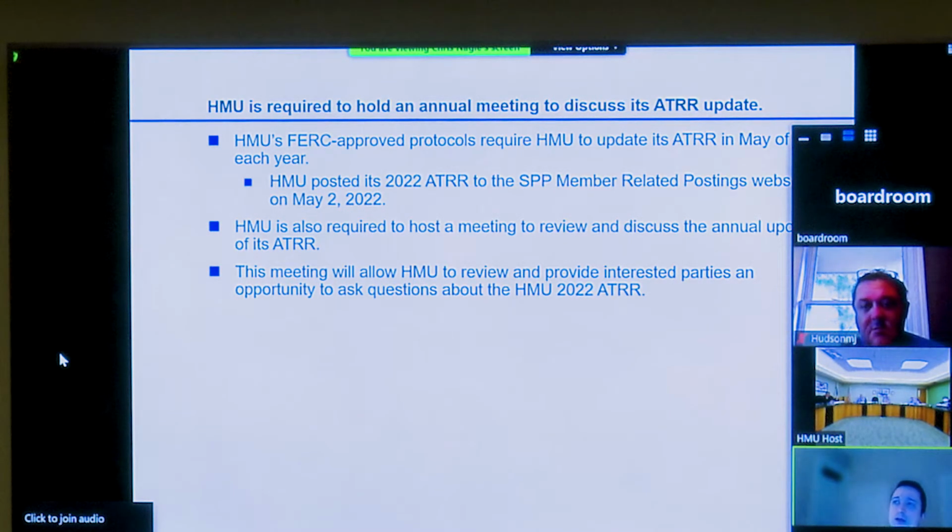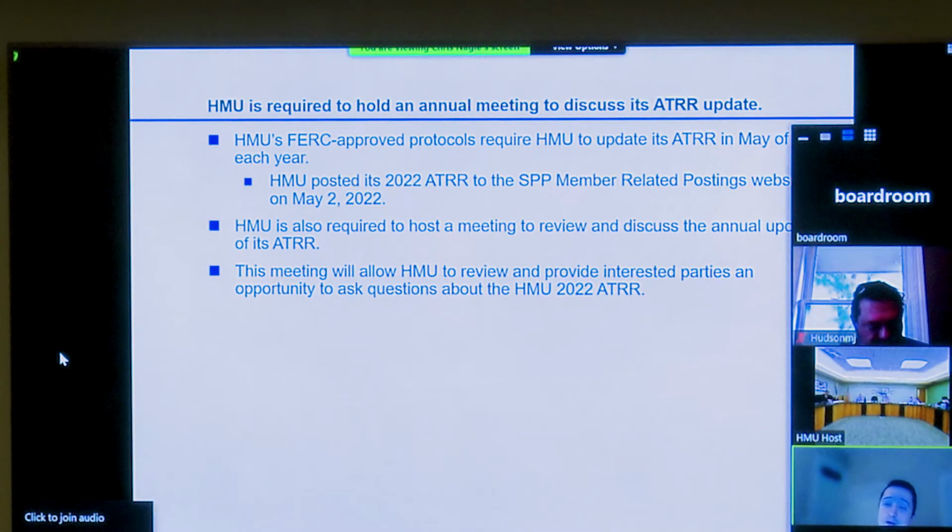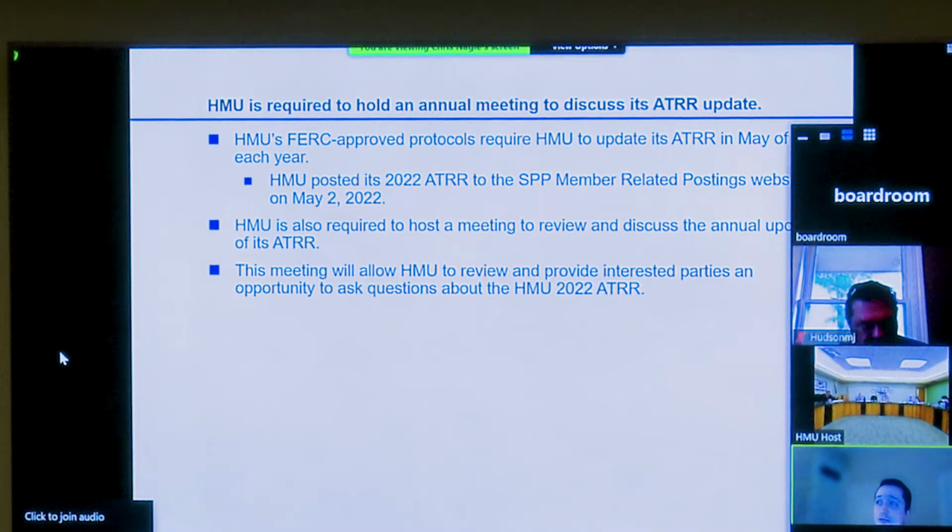Great. And so the purpose of today's meeting, first and foremost, is that it's a required part of the protocols that Harlan abides by when calculating its transmission revenue requirement each year.